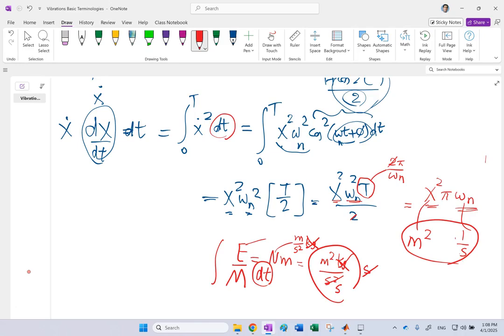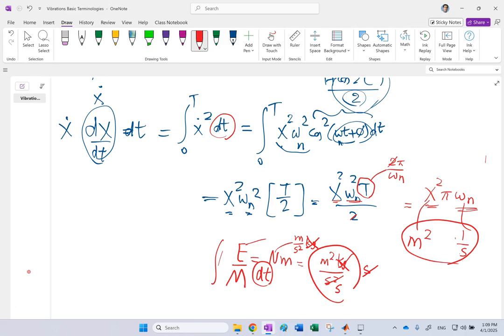So you see, if the energy of the system over time does not change, okay, if the energy of the system is a constant, over time does not change, right? Then the area of this curve, the area enclosed by the curve, should also not change.